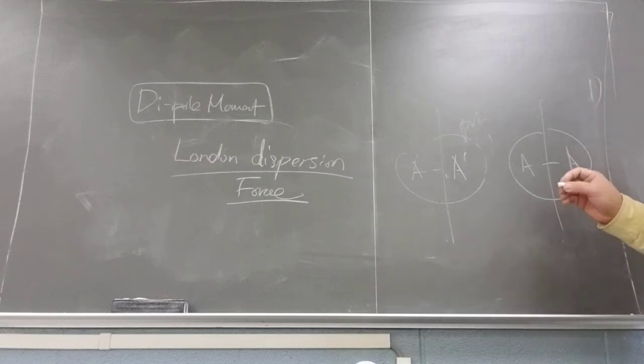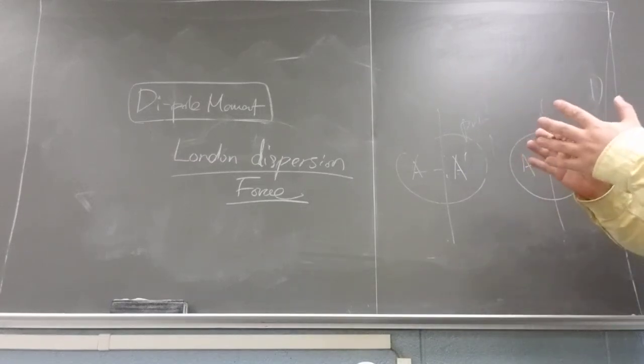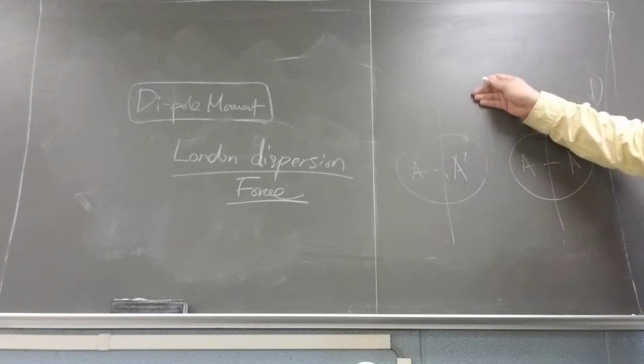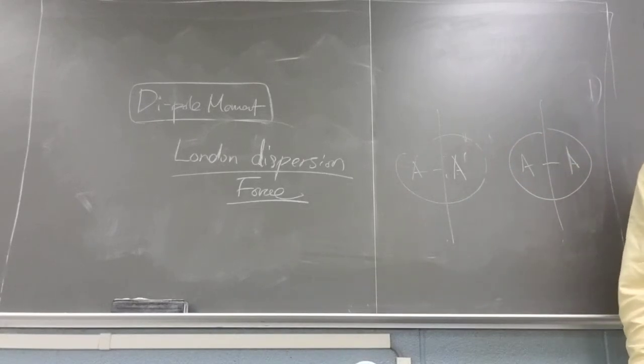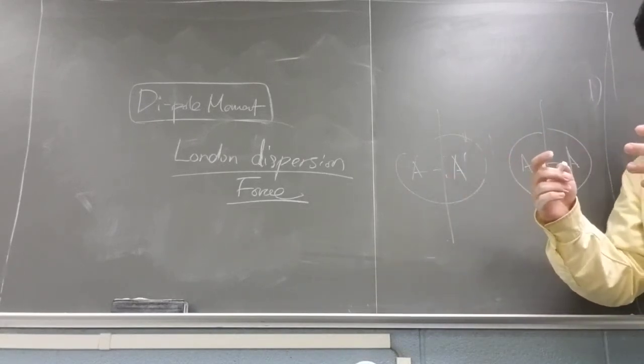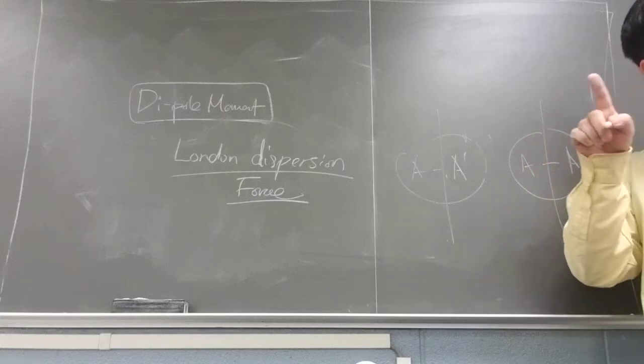So for an instant, a very short period of time, they may have a slight polarity there because of the unpredicted motion of the electron in the molecules.